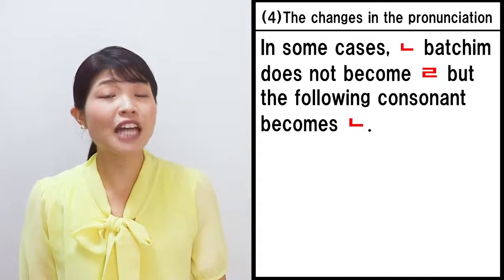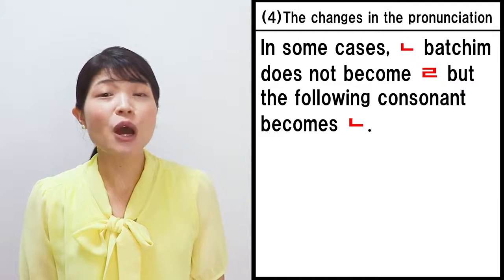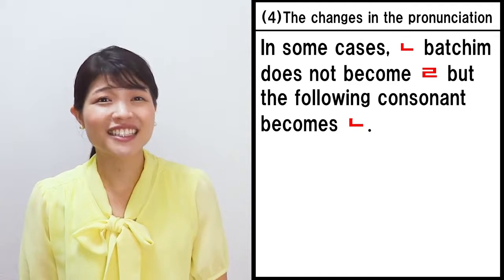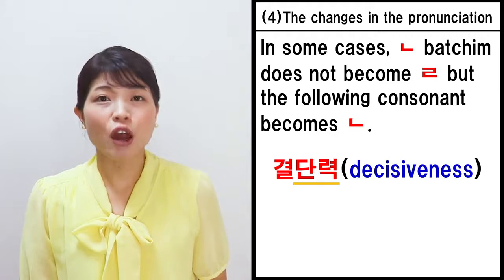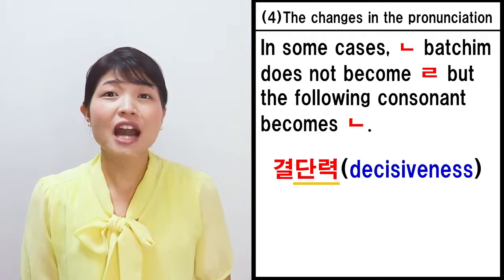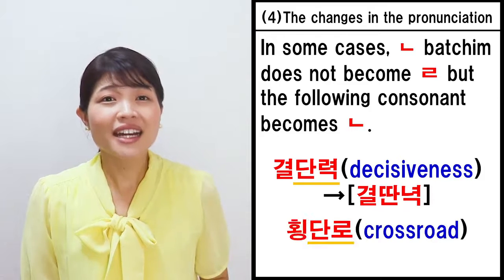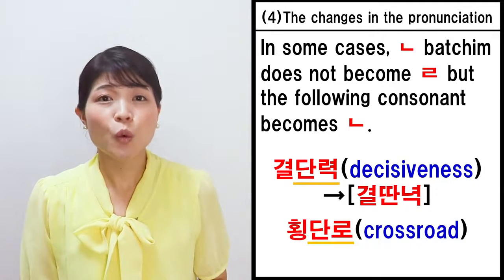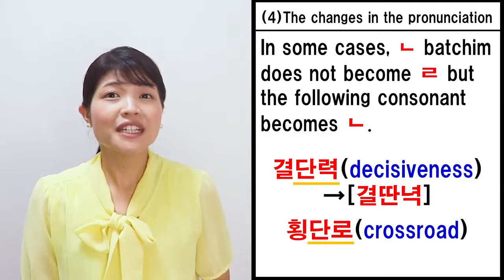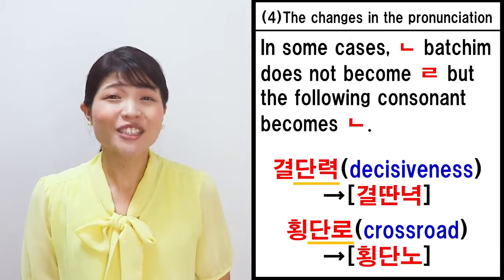You can find these sound changes originating from Chinese characters. 결단력, decisiveness, and 횡단로, crossroad.